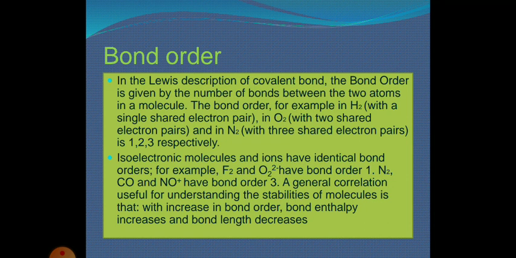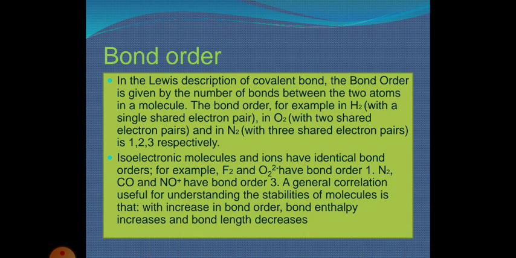In O2 with two shared electron pairs, its bond order is 2. And in nitrogen, between N and N there is a triple bond, meaning 3 shared electron pairs are present, so the bond order of N2 is 3. So we can say that the bond orders of H2, O2 and N2 are 1, 2, 3 respectively.